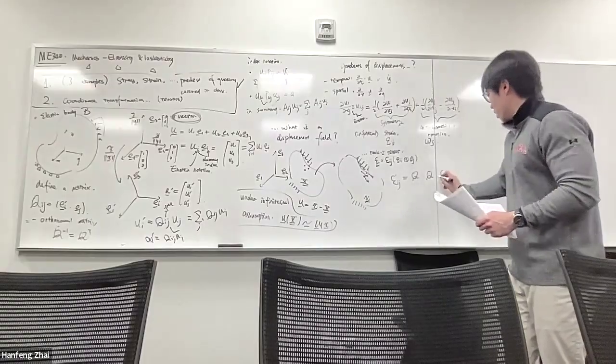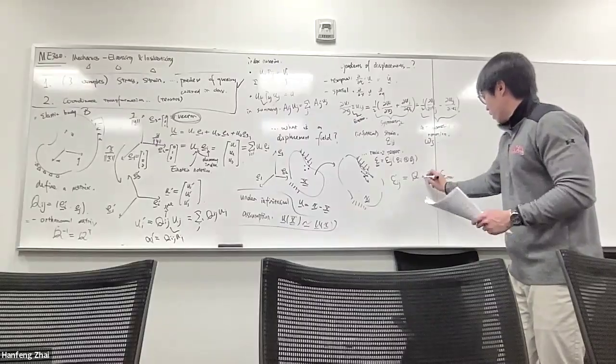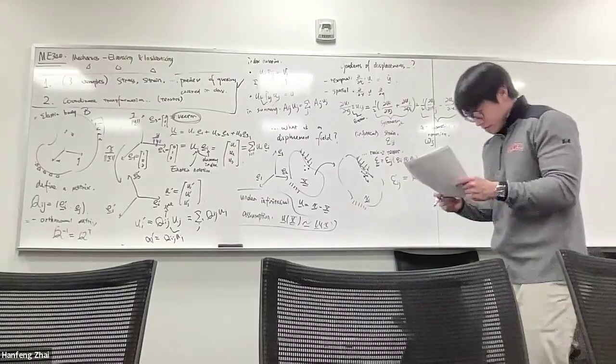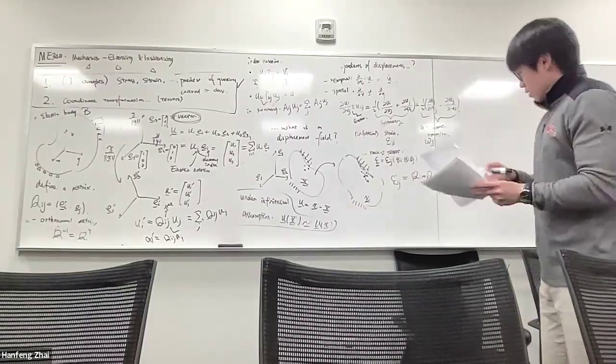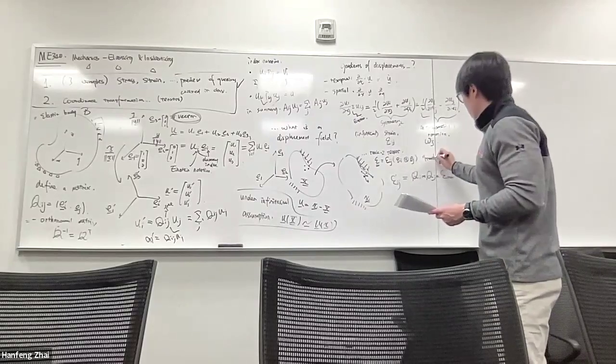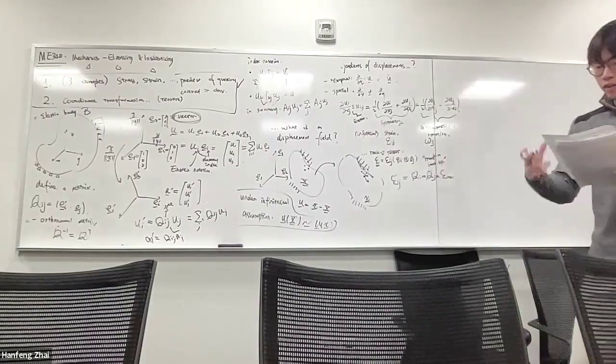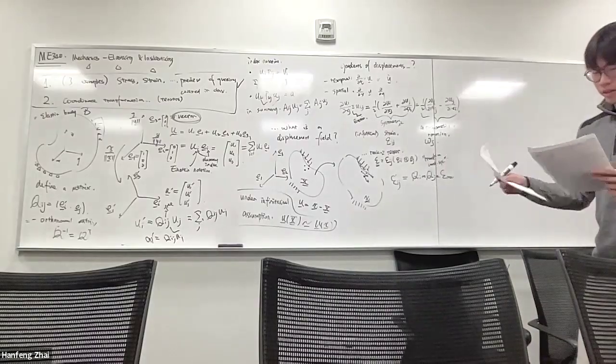So I want to rotate n to j, and also m to i. Okay. So transform the coordinate system. Again, physically, the strain tensor is the same.